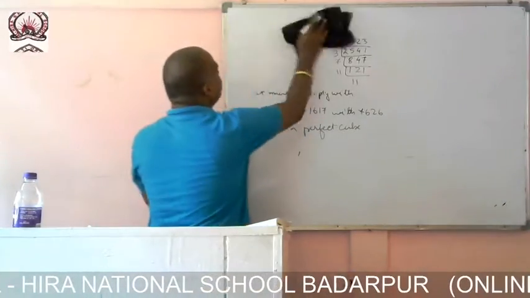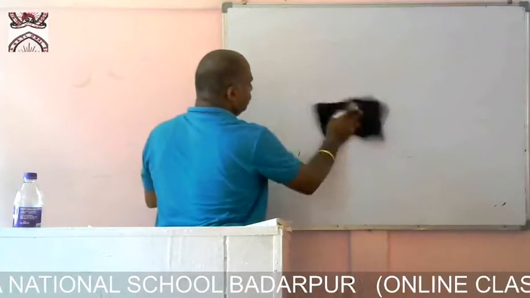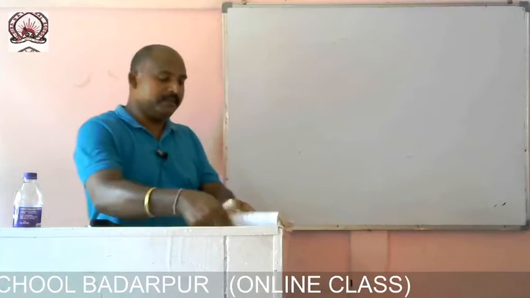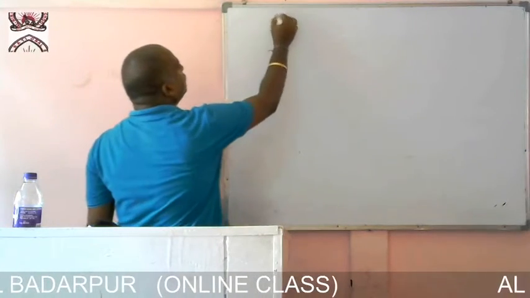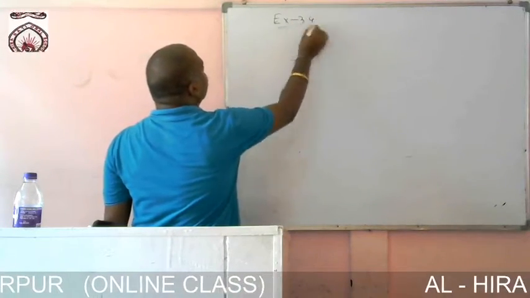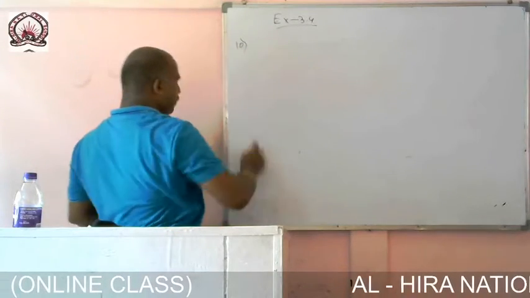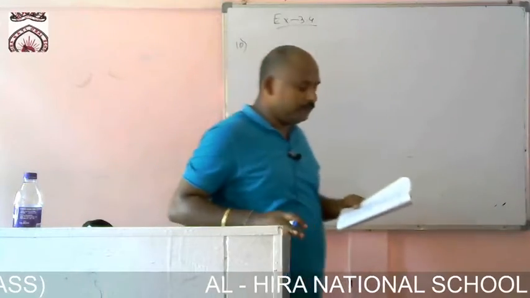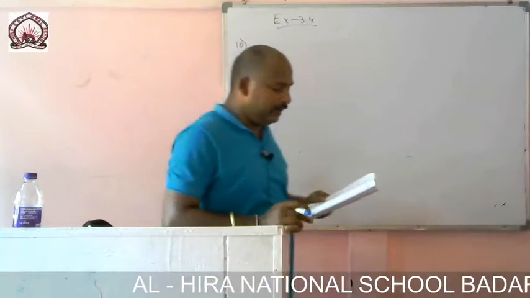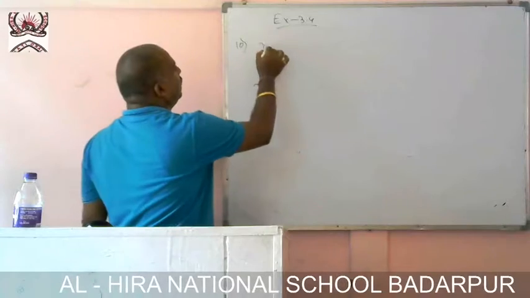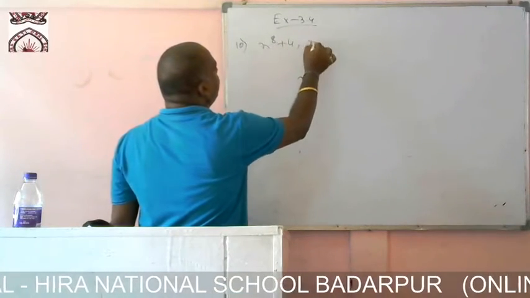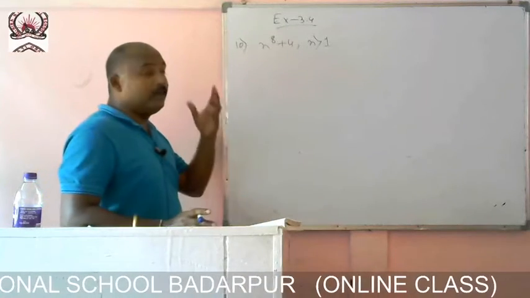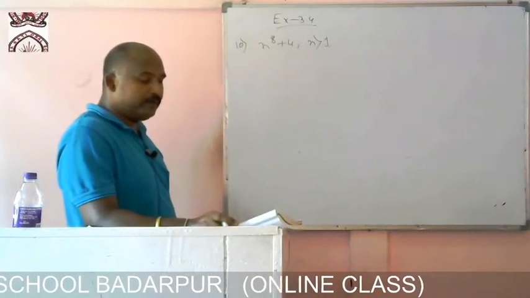Now next question. The question number 10, exercise 3.4. Given n greater than 1, show that the integer of the form n to the power 8 plus 4, where n is greater than 1, is a composite number.